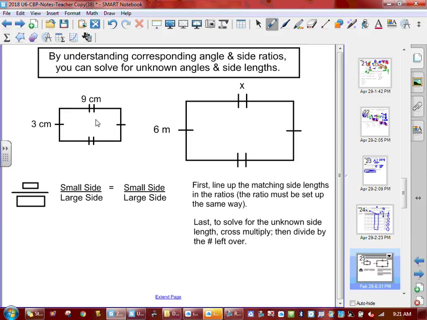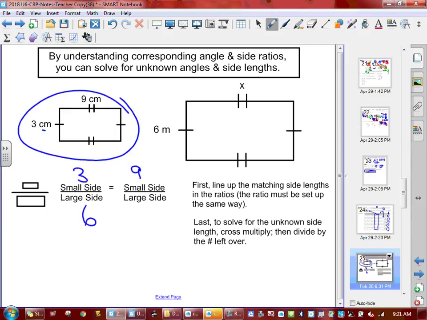Because all we're doing is cross multiplying. If we know 3 numbers out of 4, we're just cross multiplying. So the small object is going to go on top, so we're going to have a 3 and a 9. Who matches the 3 on the bigger object? 6 does.